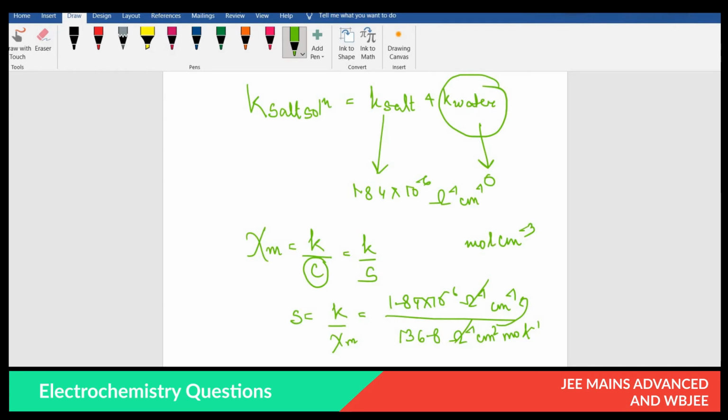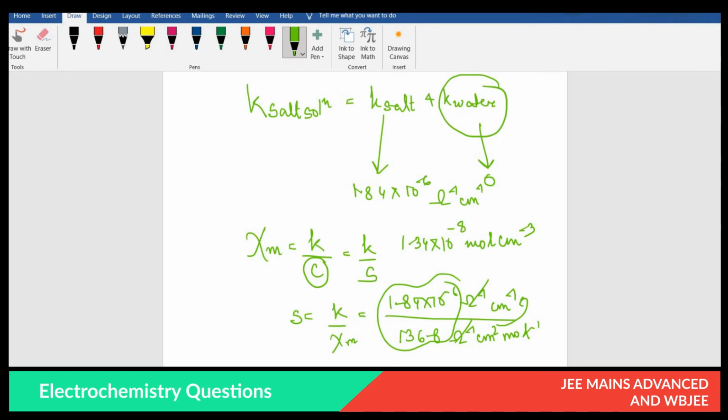So, we get mole centimeter minus 3. Now, if we solve this part, 1.84 into 10 to the power minus 6 divided by 136.8 gives us 1.34 into 10 to the power of minus 8.